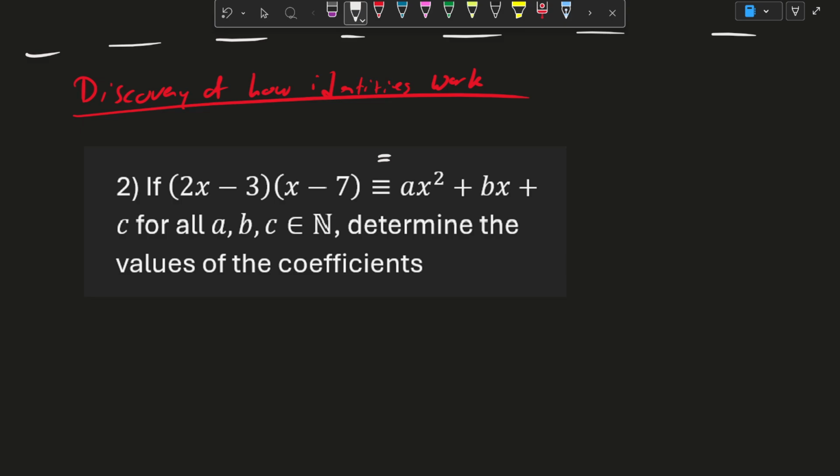A, b, and c are the coefficients. It should necessarily read for all x, also in the reals. So that's something I'll have to fix once I'm reviewing my book. So we'll progress just with a standard equal sign. And we're going to say that this is equal to ax squared plus bx plus c.